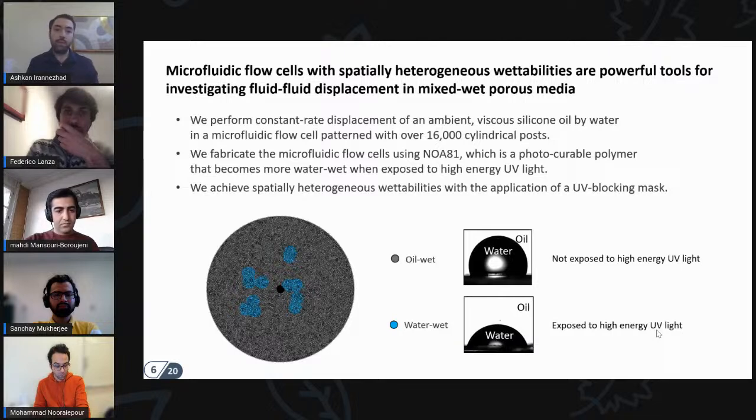We fabricate these cells from a specific kind of polymer named NOA81. These polymers' wettability can be tuned by exposure to high energy UV light.